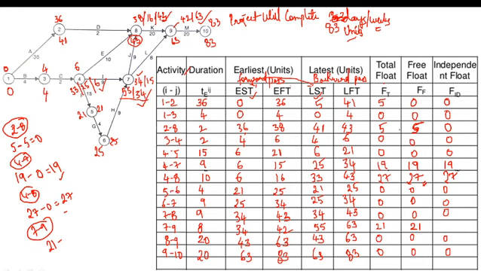One more immediate activity is 6 to 7, so consider 6 to 7 also.